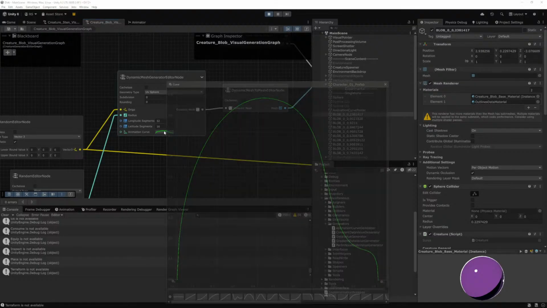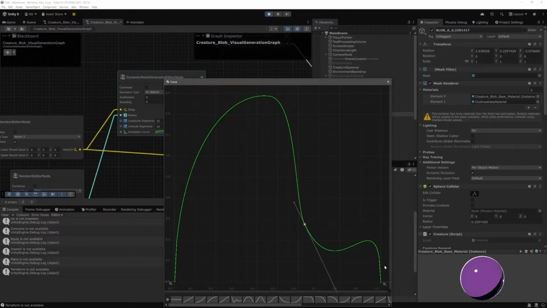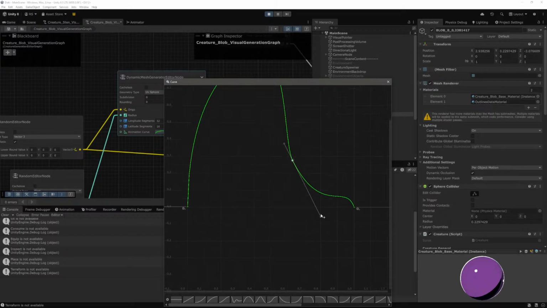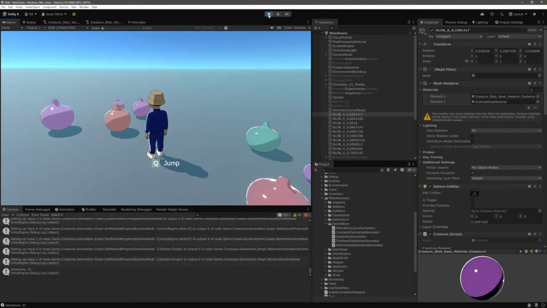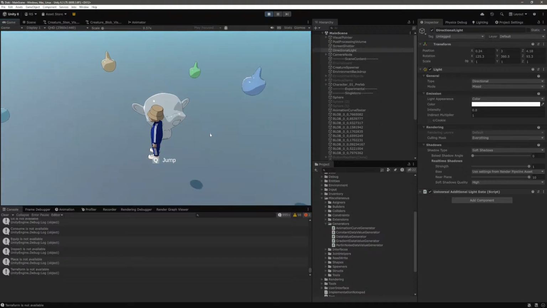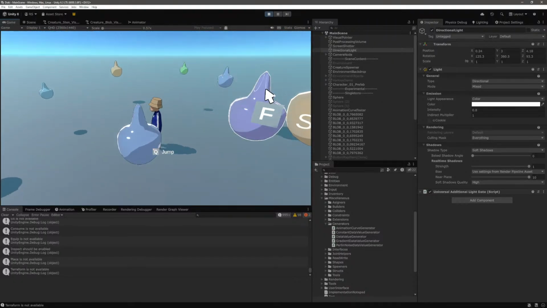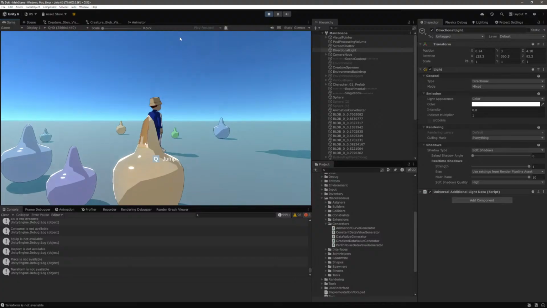I guess we could make it a little bit smoother if we were to do this and well, still doesn't work.